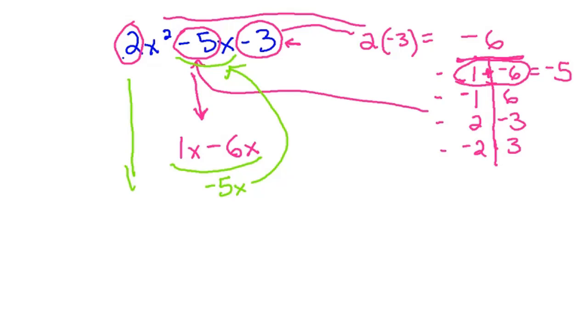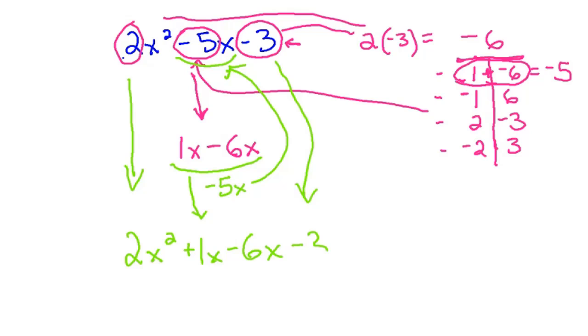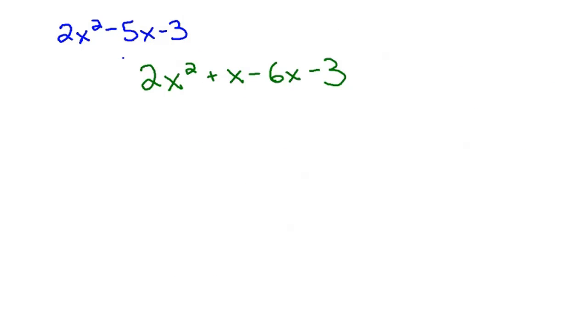And then you pull the rest of this down, so you have 2x squared, then you pull this substitution down, so plus 1x minus 6x, and then you pull this down, minus 3. Now we have a four-term polynomial to factor. Here's our original problem up here, 2x squared minus 5x minus 3.